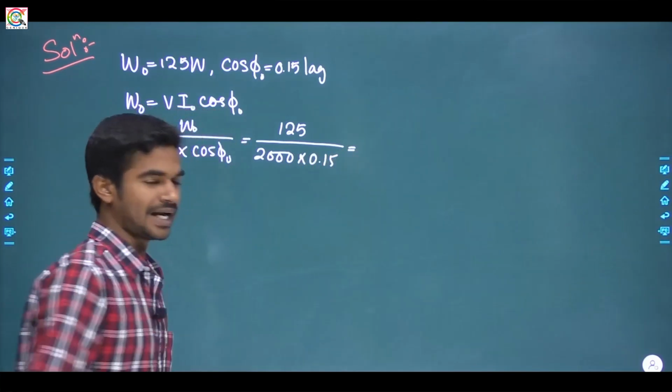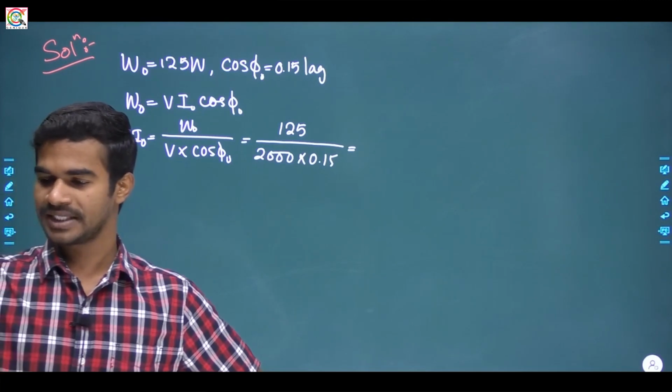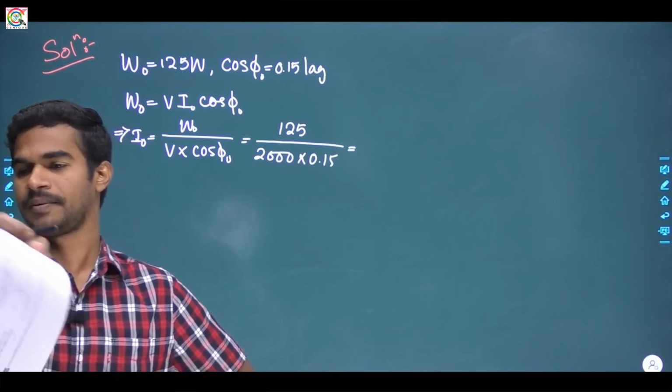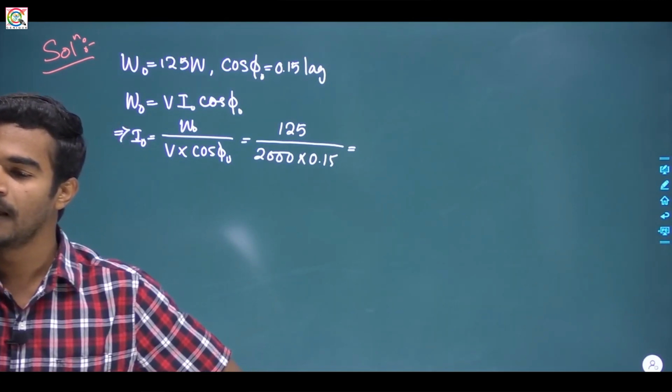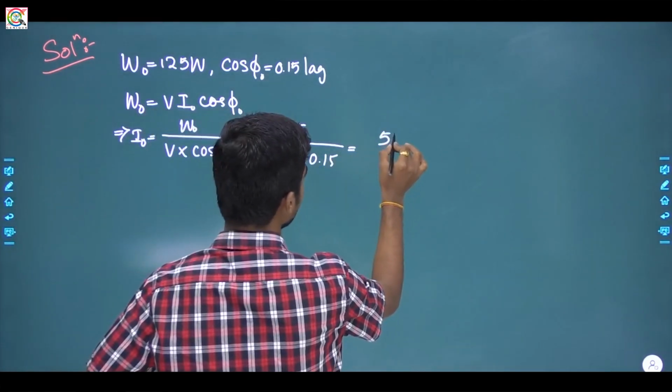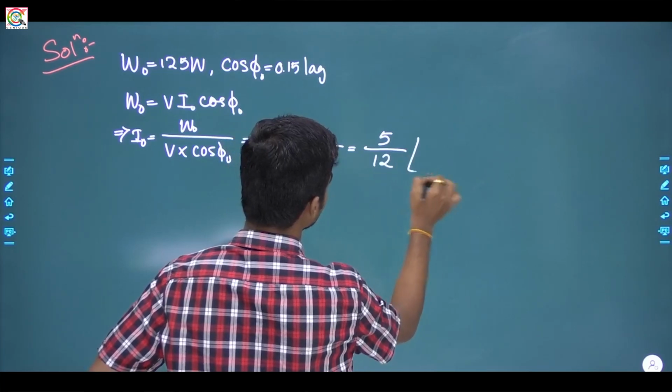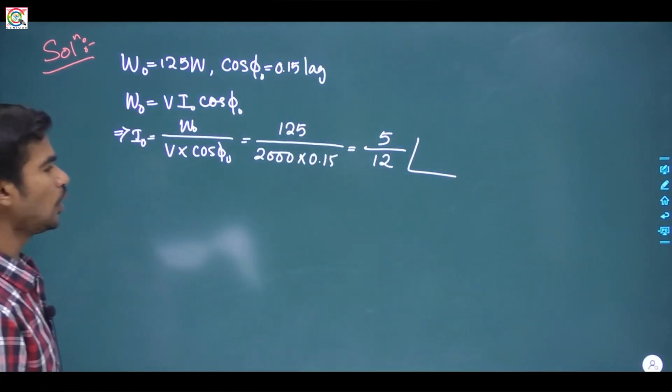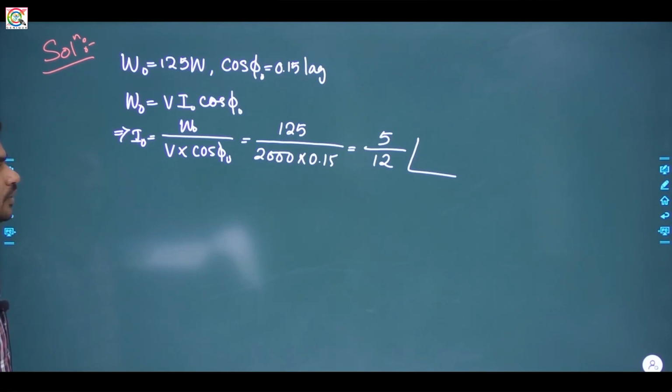So calculate and tell me what is the no load current I0. I'm directly writing here, already available. It is 5/12. So the no load current magnitude is 5/12.